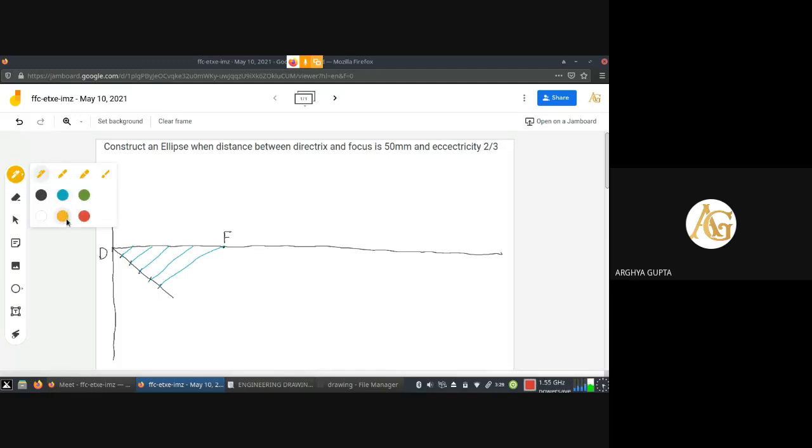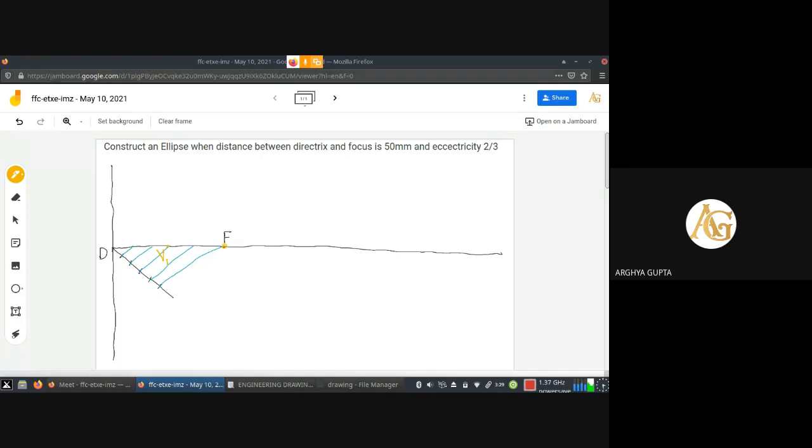Now the vertex will be 2 units from focus, so 1, 2. That point will be the vertex, denoted by V. As an ellipse is a closed curve, there will be two vertices, so name this point V1. Now you can see 2 units from focus and 3 units from directrix, so the condition has been fulfilled here.